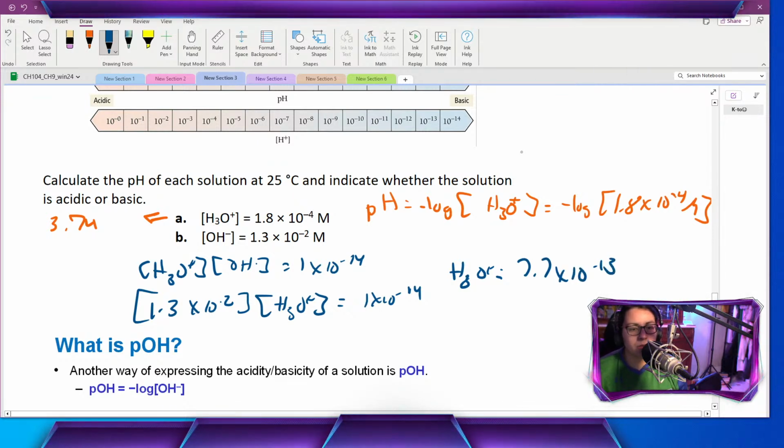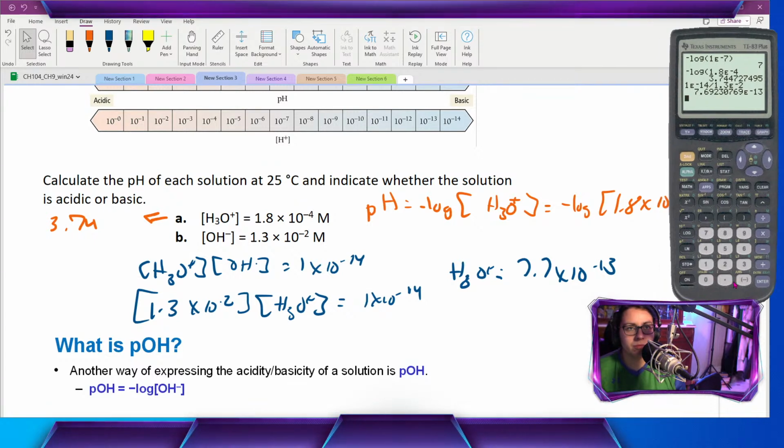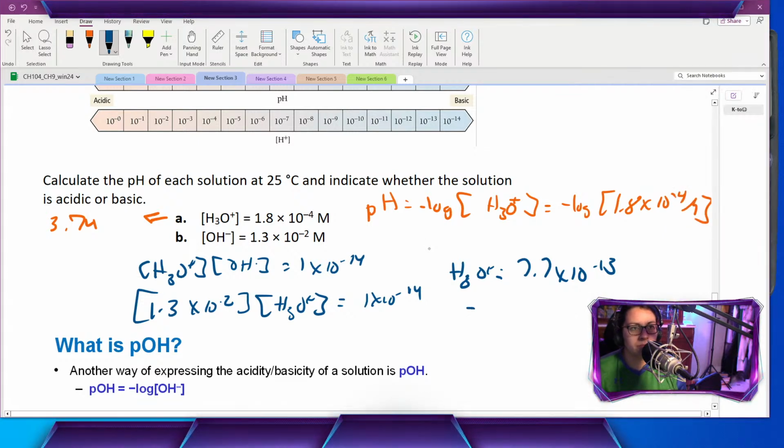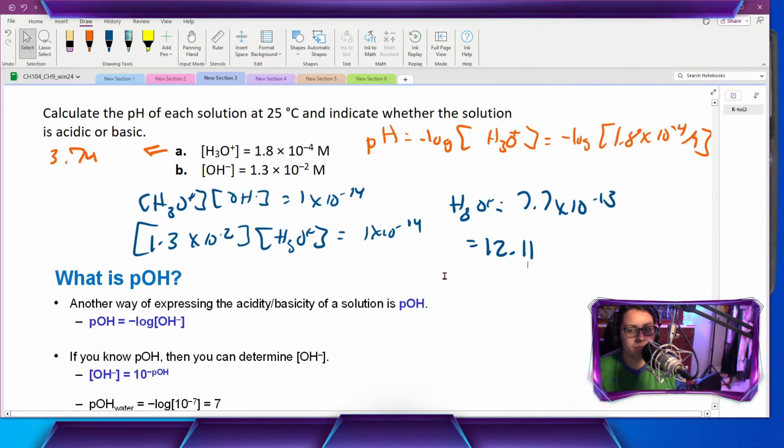Let's plug that into our pH now. And that gives me a pH of about 12.11. And so now we can tell that this is basic. Questions?